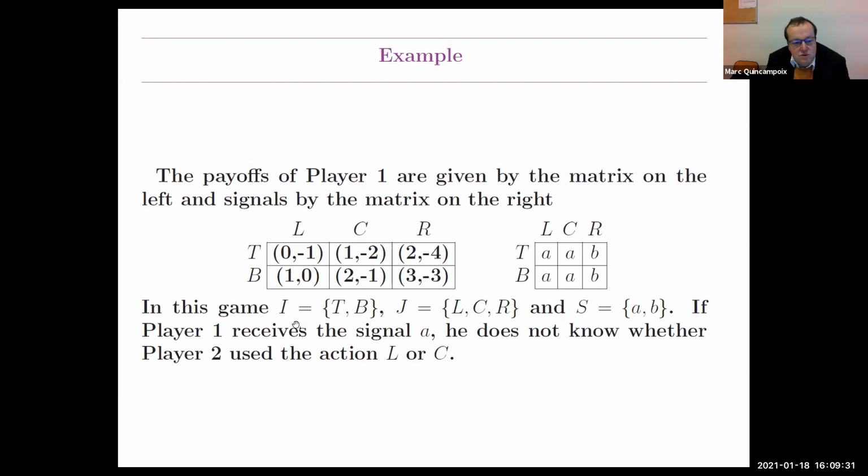You see that the signal has only two values, A and B. If he receives the signal A, he only knows that the second player has not played right. He has no information about whether the second player has played center or left. This is the kind of game I will consider now.